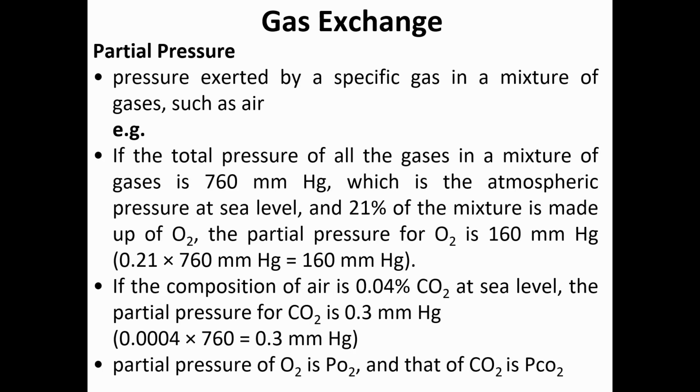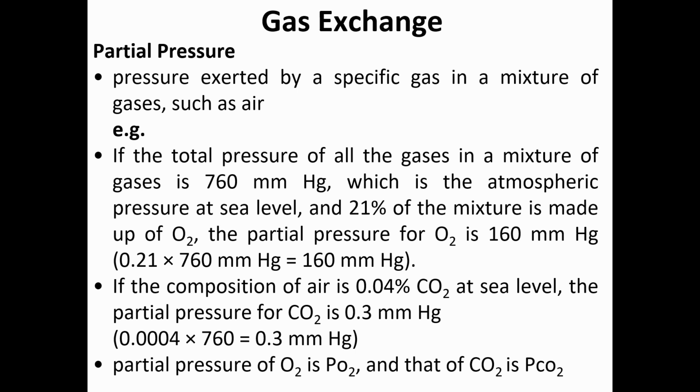Next, we have our partial pressures. Partial pressure is something in physical chemistry that is discussed fully elsewhere. However, to make it short, substances exert a certain amount of pressure when in a mixture.